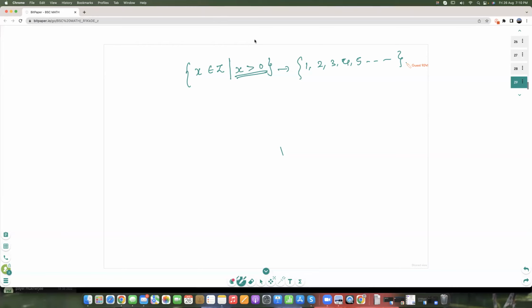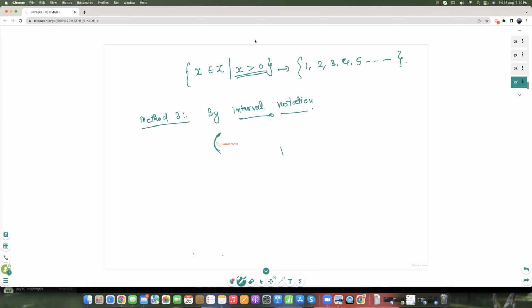Okay. The next one is method 3, interval notation. We have already done this in the last class, but I'm explaining one more time. Before that, let me tell you there are two brackets.